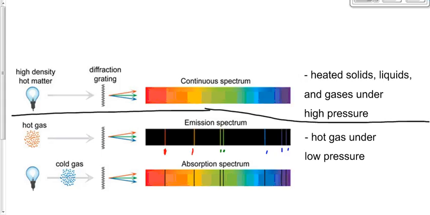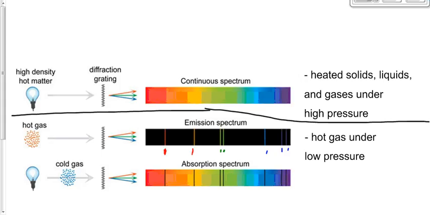Instead of getting all the colors of the rainbow, I get very specific lines corresponding, listen carefully, corresponding to individual photons that are emitted because of specific transitions.